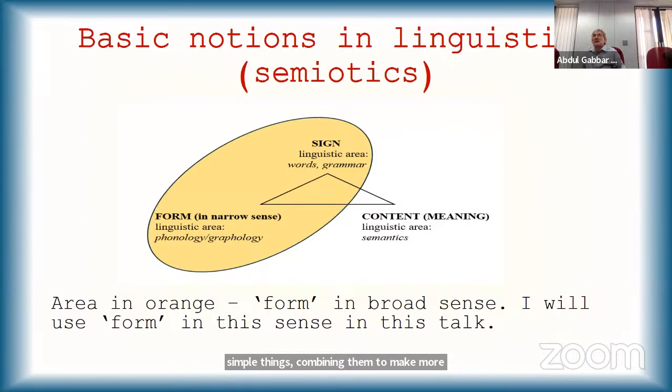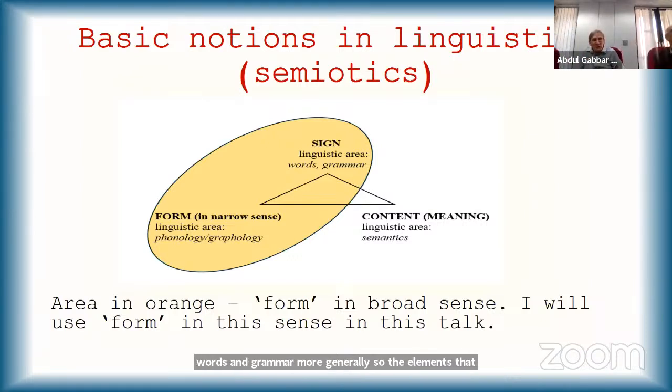So, basic notions in linguistics. This is a kind of interpretation of Saussure. So if you take a sign, you can, I think, reasonably define a sign in linguistics, in language, as words and grammar more generally. So the elements that include words and include syntax.